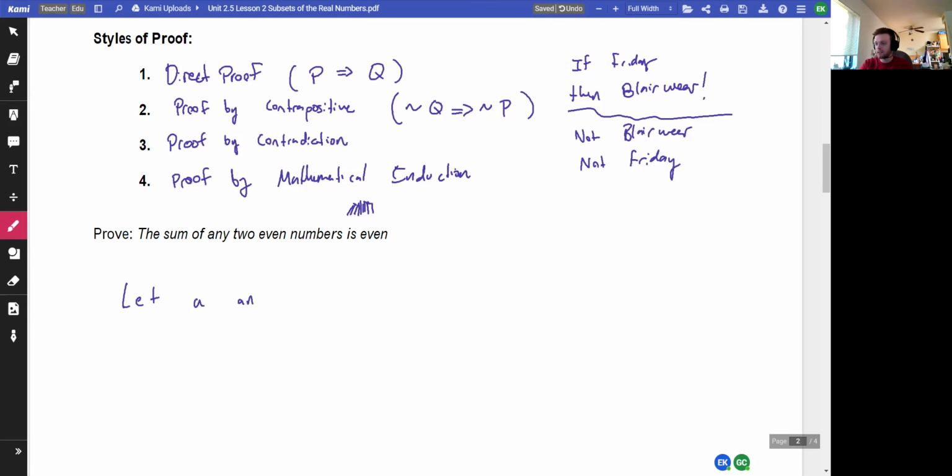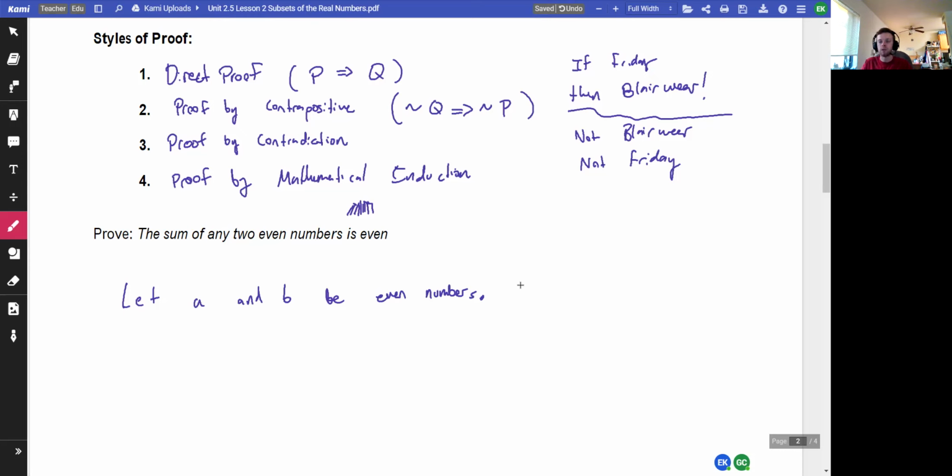Let A and B be even numbers. I'm a stickler for this. You cannot write a proof unless you define the things you begin to use. If you just start doing crazy math and you never told me what A and B are, then I'm lost. A good rule of thumb is, could you have a conversation with someone who has never done this before, maybe a 6th grader that you're tutoring?